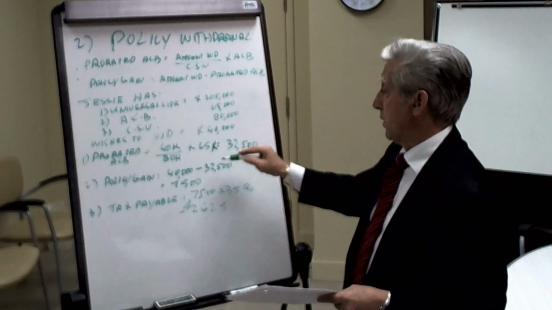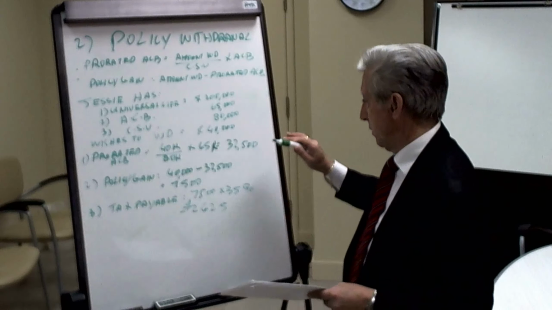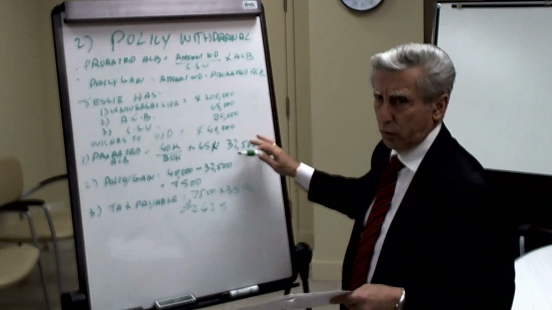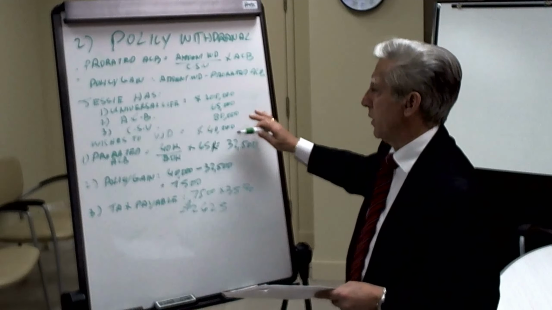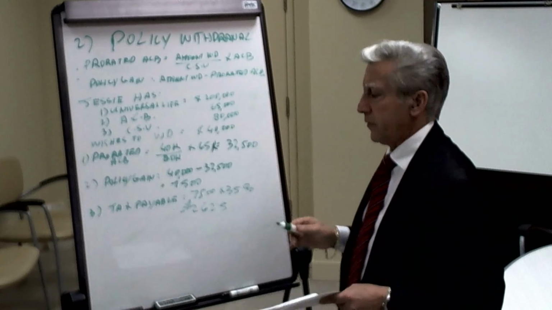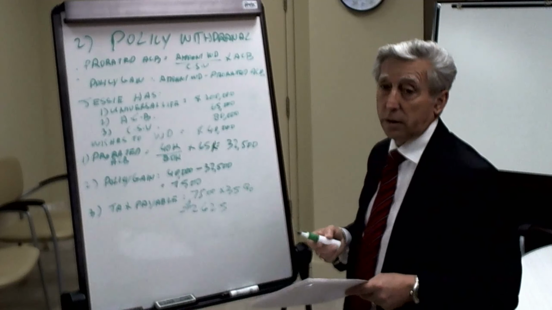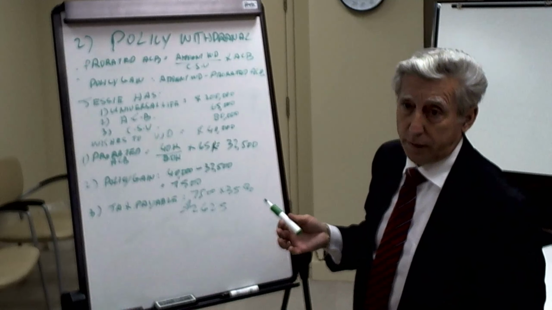If you do the math on that, it comes up to $32,500. So that is her new prorated ACB. The original ACB was $65,000. Now the prorated ACB is $32,500. That means anything in excess of $32,500 will be considered a policy gain.